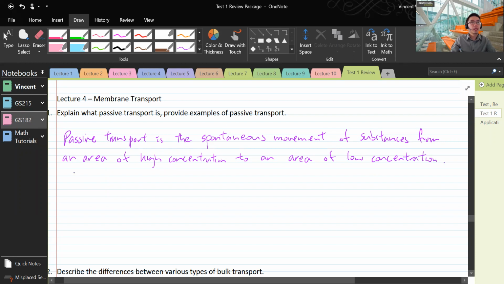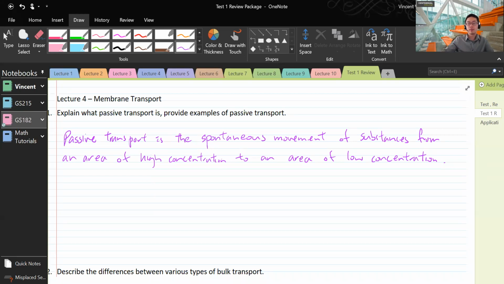Okay. This does not require ATP from the cell. Okay? It just happens naturally. Give me some examples, please.